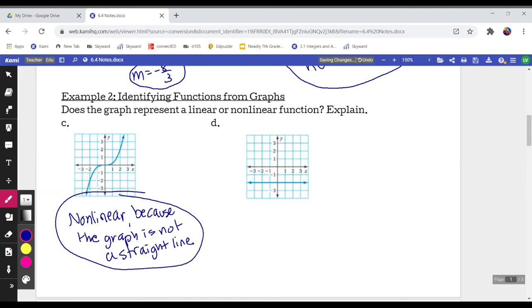Letter D, this is linear because it is a straight line. I did not highlight it very straight, but yes, that is a straight line. So if I highlight it, that is a straight line across. So this is linear because the graph is a straight line.